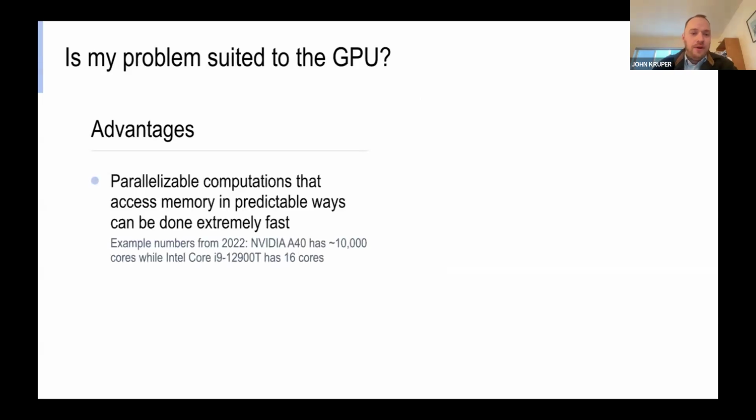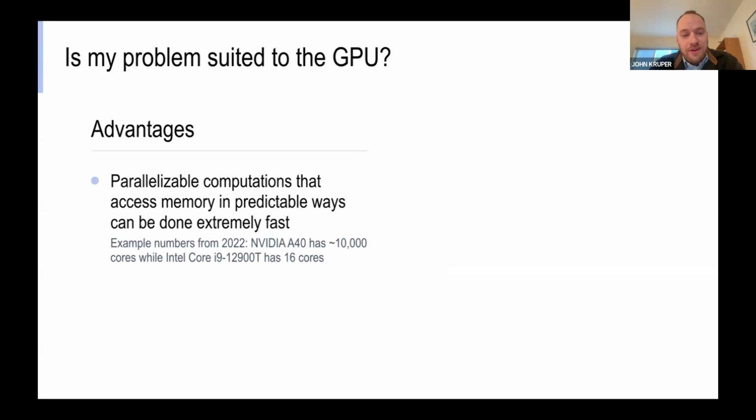All right, so I'll talk a little bit about what sort of problems are useful on the GPU. Like I've been mentioning, parallel computations, especially computations that can access memory in predictable ways, can be done extremely fast. I pulled off some rough numbers from some hardware from 2022.